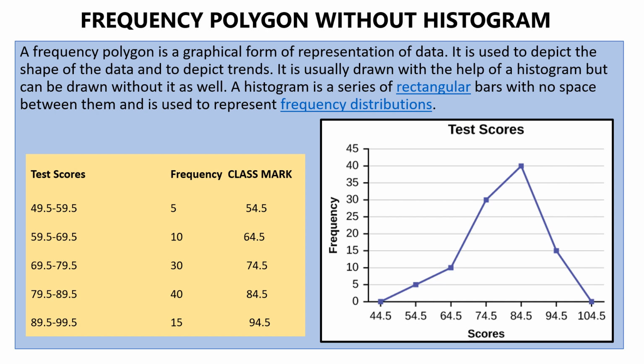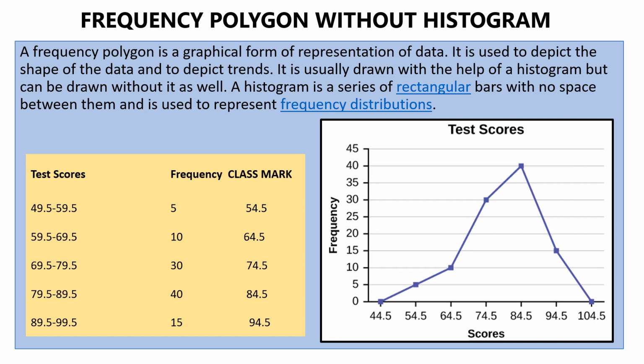And we plot this class mark on the x-axis, students: 54.5, 64.5, 74.5, 84.5 and 94.5. However, we have to join the frequency polygon touching both sides of the x-axis. So we take a point before 54.5 and after 94.5 also on the x-axis.